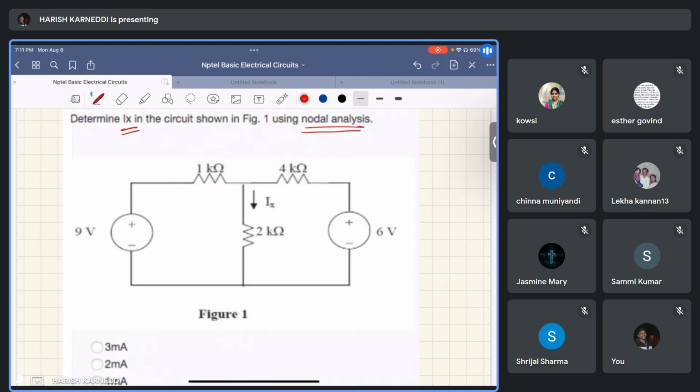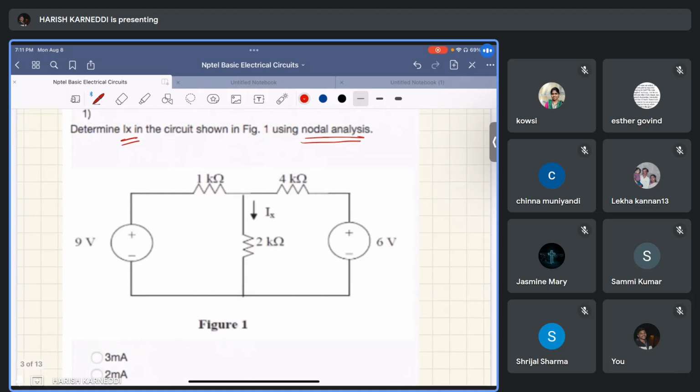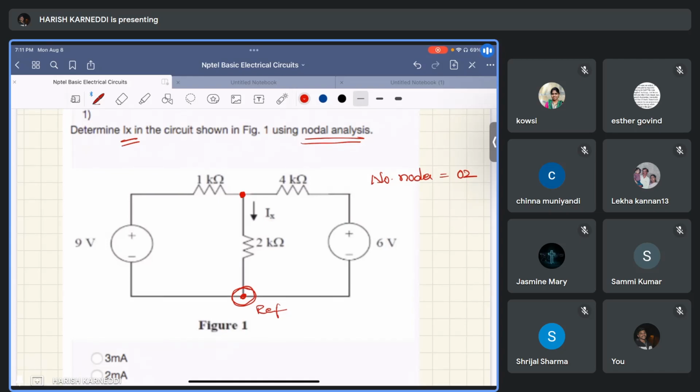First, we have to consider how many nodes are in this circuit. This is one node and this is one node, so the number of nodes is equal to 2. Of these two nodes, this one is the reference node and this is the actual node.